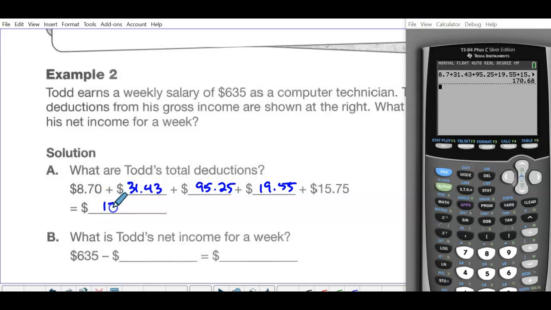Okay, so that's $170.68, and then we're going to subtract that from his pay. Again, I can go second answer, or I can copy it, and it's $464.32. So that's what he can spend. Okay.